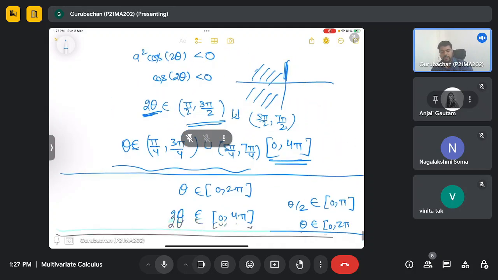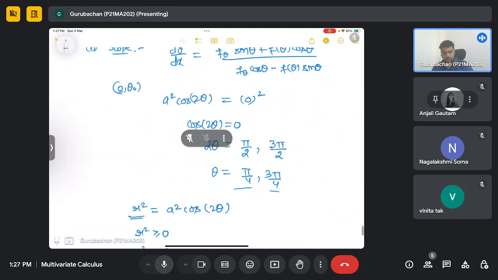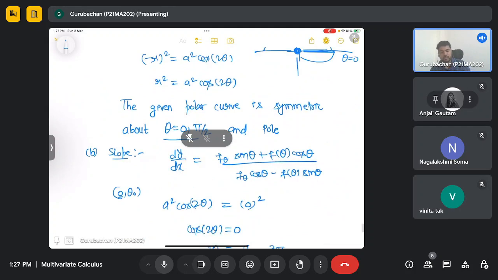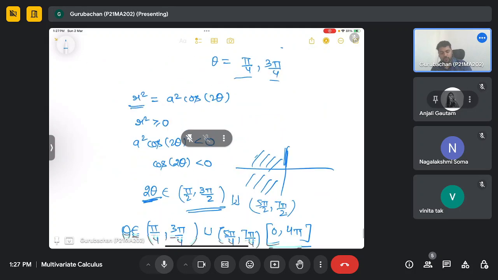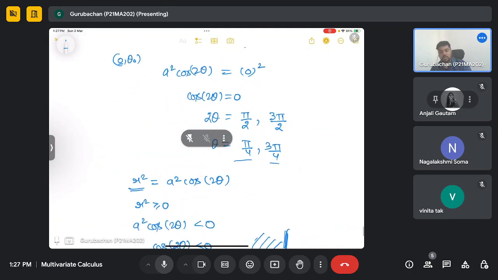So we know that our curve is symmetric about theta 0, pi by 2 and the pole. The other thing we know is that our curve will be 0 at theta equal to pi by 4 and theta equal to 3 pi by 4.